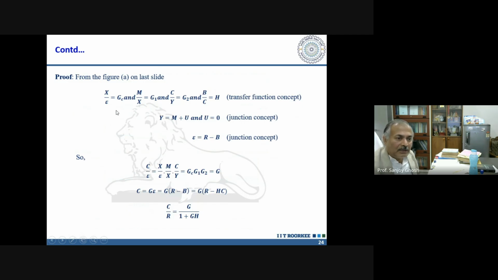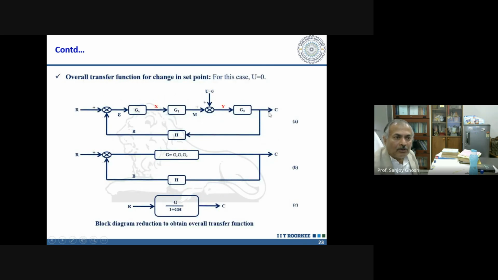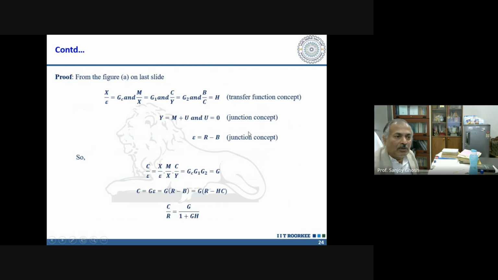Now we have to find the C by E relationship. How do you get it? C by E is nothing but X by E into M by X into C by Y. X by E into M by X, X cancels, and then C by Y. Y is nothing but M, because U is 0, so M cancels as well.